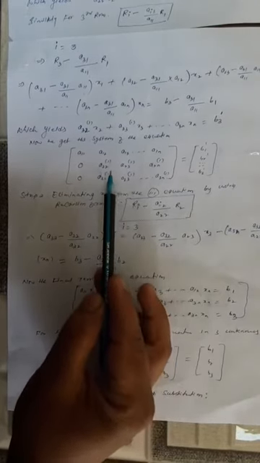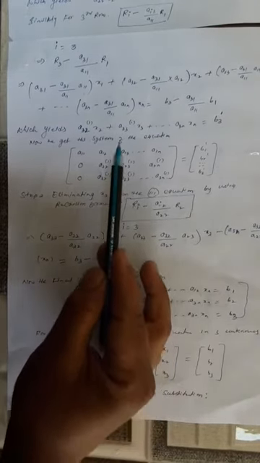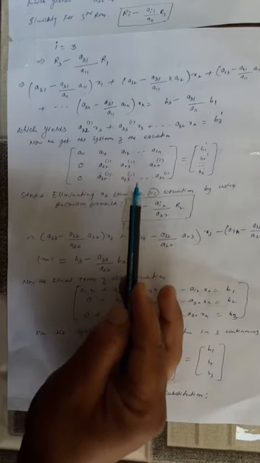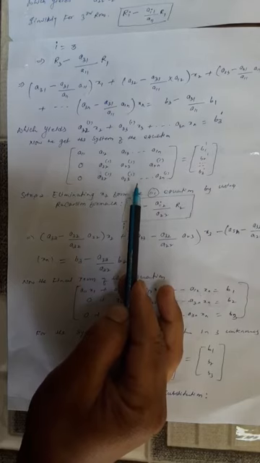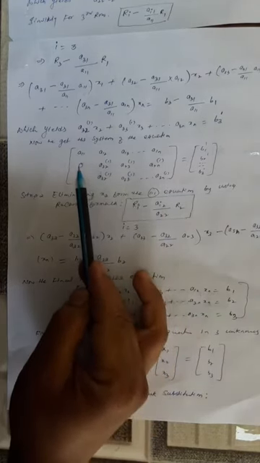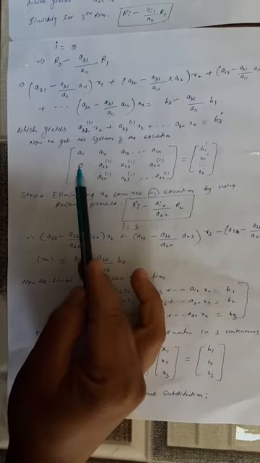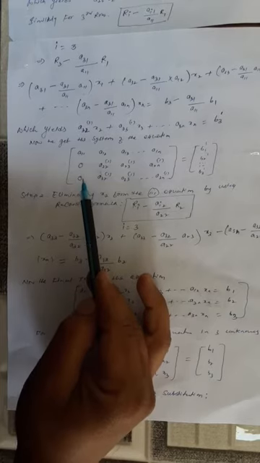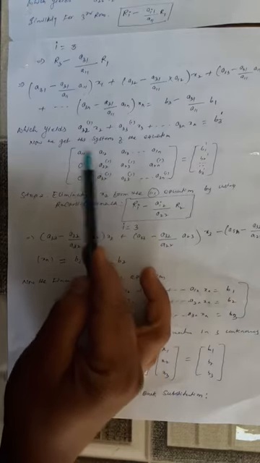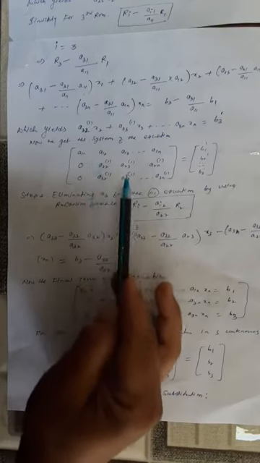So when we consider a 3 by 3 matrix only, for the sake of simplicity, to understand this method: in row 1, if we make the coefficient of x1 zero in the second and third rows, as well as the coefficient of x2 zero in the third row, then this matrix will be the upper triangular matrix.